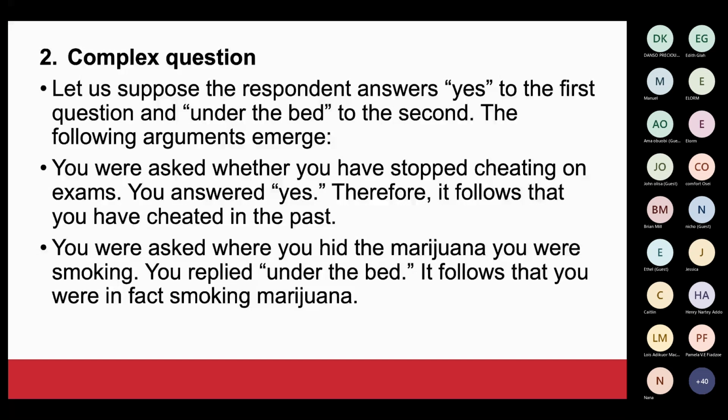So if you are fast on reasoning, you'll be dodging some of these traps, because the moment you finish answering, you have implicated yourself. Sometimes crime investigators also use the complex question to trap innocent people into crime, and then prosecute them in court, and they go and spend unjustified jail terms.